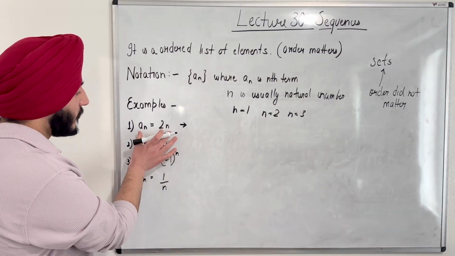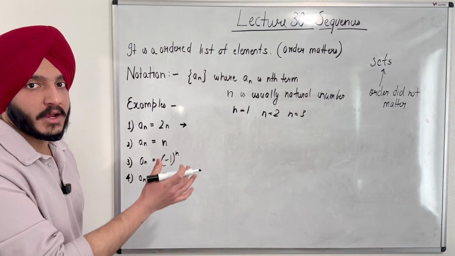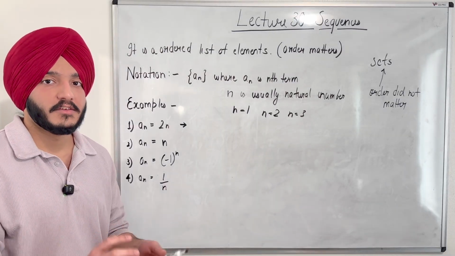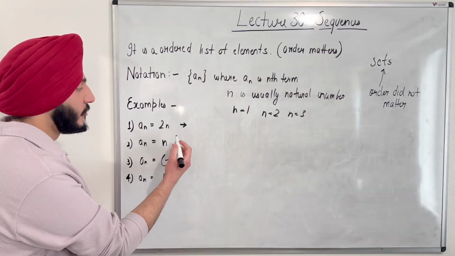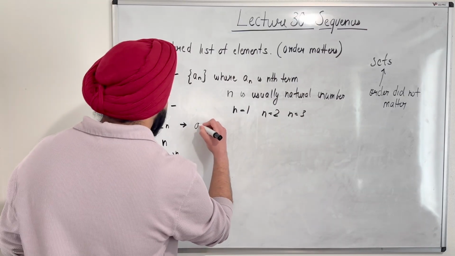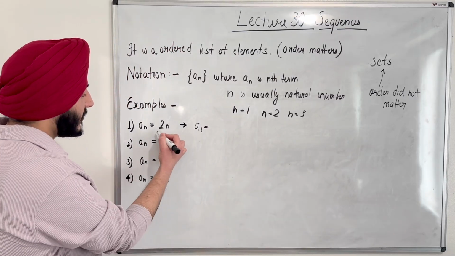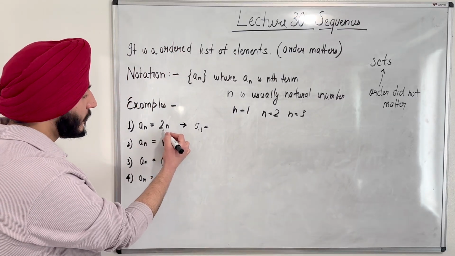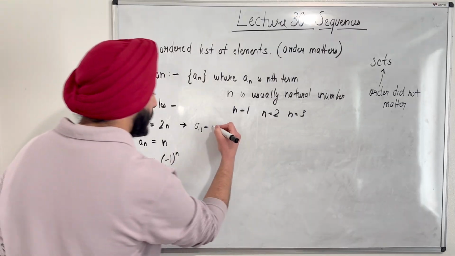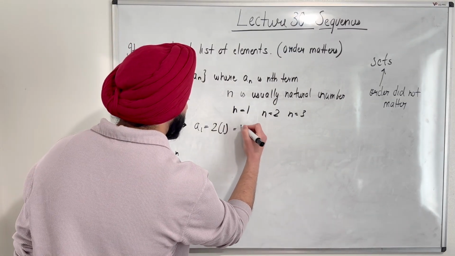Let's say, for example, one of the terms is an equal to 2n, right? This is a representation of what's happening in the sequence. If you look at this carefully, this is just like a function. If I input, let's say, a1, it says the an term is equal to 2 multiplied by the number n. So a1 should be 2 multiplied by the number 1, which is 2.